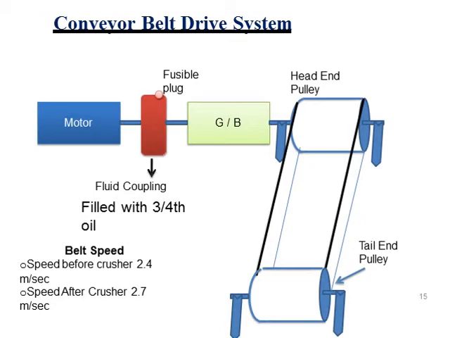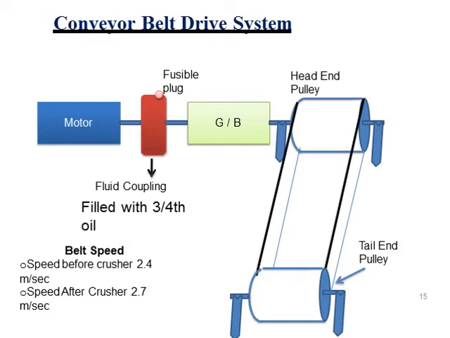There are many different grades of oil used in this fluid coupling. And now the crusher. There are three types of crushing system: one is the double roll crusher, one is the rotary breaker crusher, and one is the impact crusher.